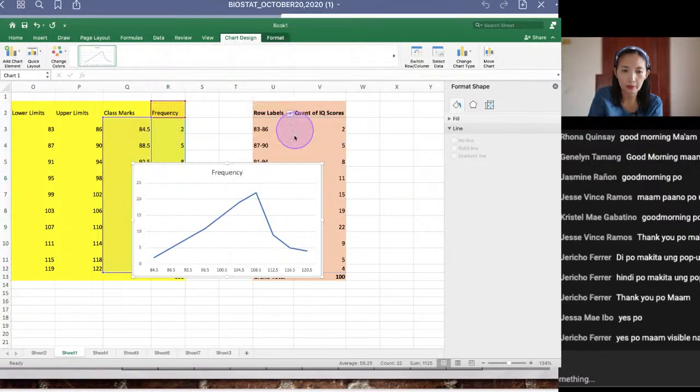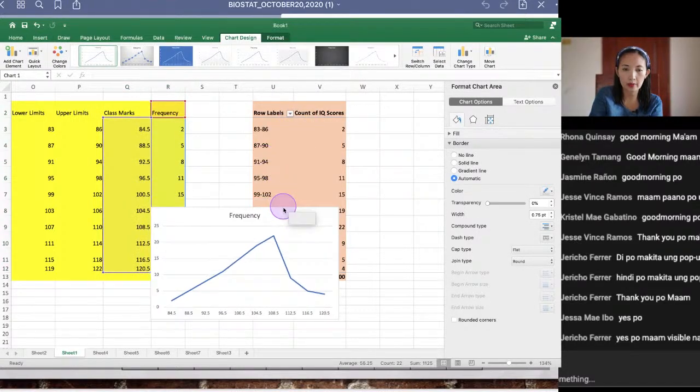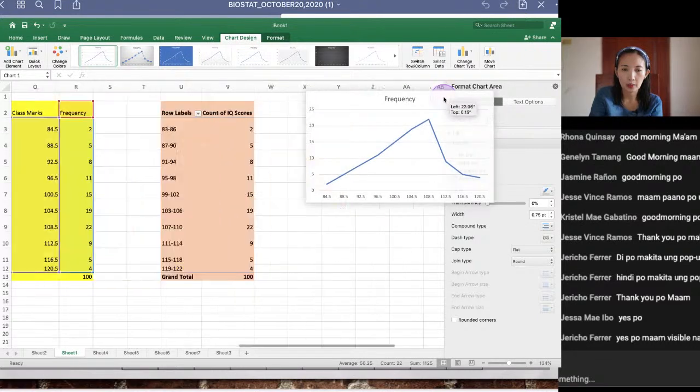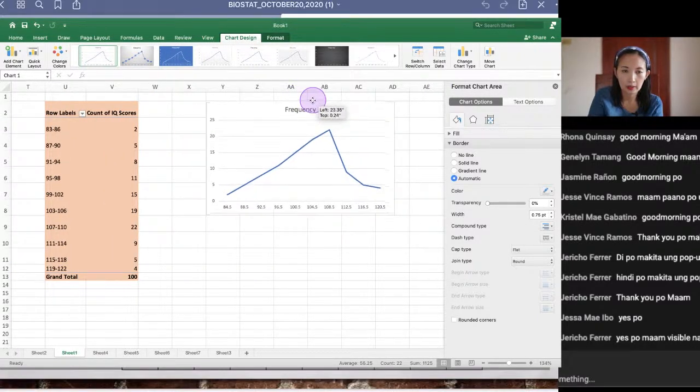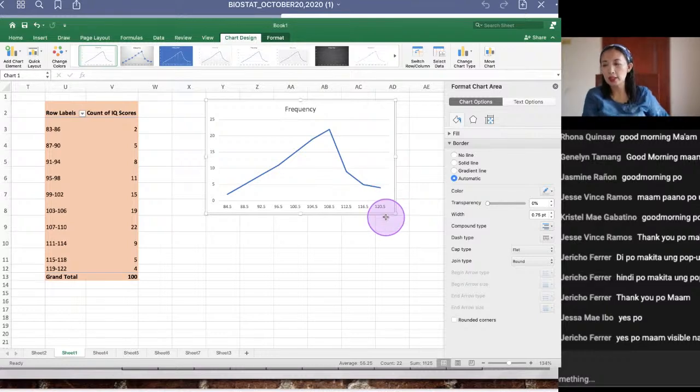Click on it, and there it is, our frequency polygon. However, this must be dropped to 0, and this one also should be dropped to 0. That's the only difference. We have to drop this down to 0 and drop this down to 0 along the x-axis, because a polygon is a closed figure. So that's how simple it is.